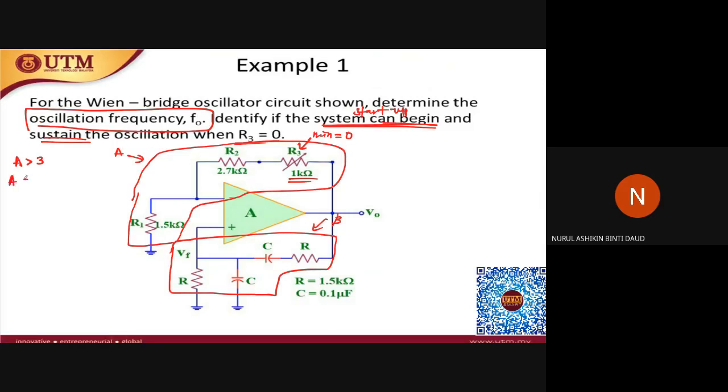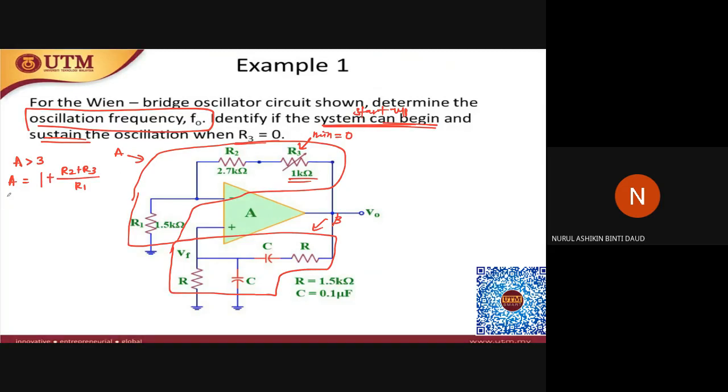A is equal to 1 plus R2 plus R3 over R1. I will not derive this equation from the beginning, I have shown it before. In this case, there is an additional potentiometer, so it plus R3 over R1. At the first condition, the potentiometer value is 0.